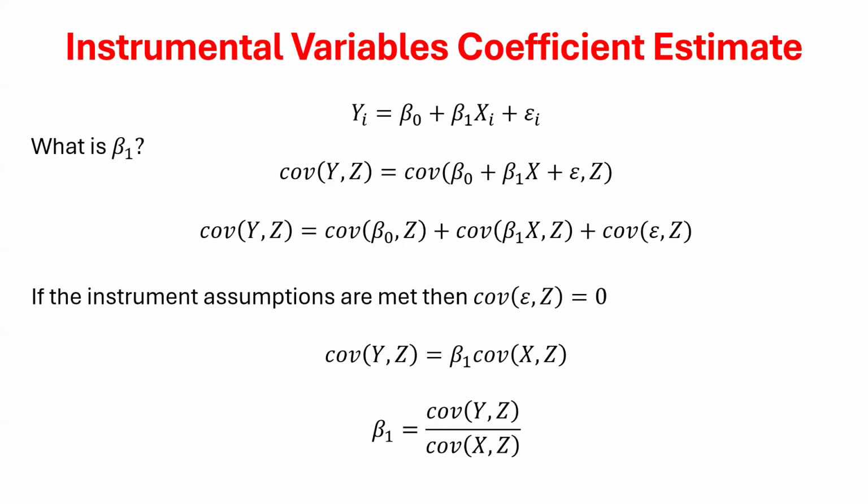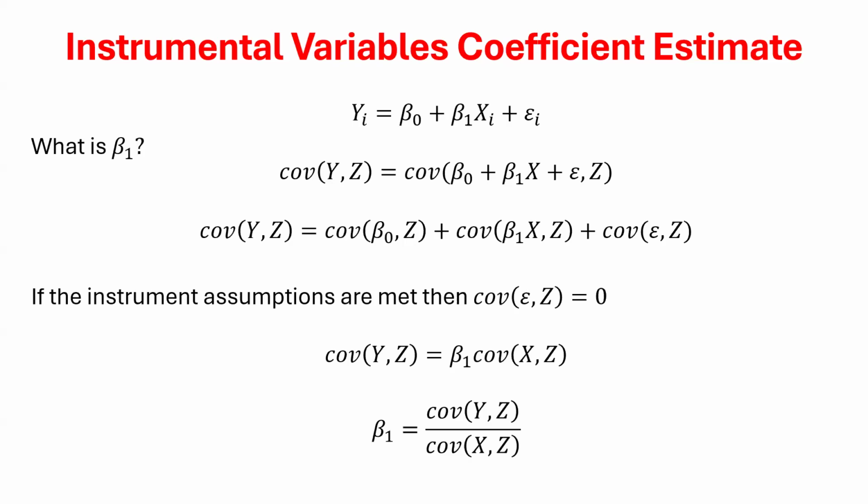I'm running this regression, and I'm then going to come up with my predicted X values. So here my predicted X values would be whatever the prediction for that intercept is, plus the prediction for that slope coefficient, times Z. Sorry, this error term is up here. All right, so this is what my predictions for X would be.